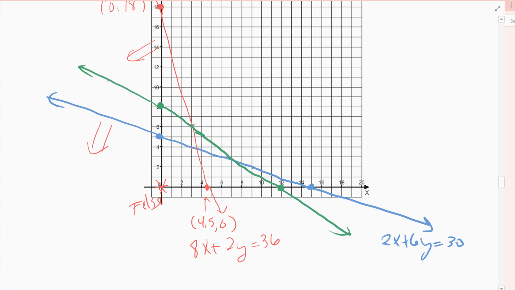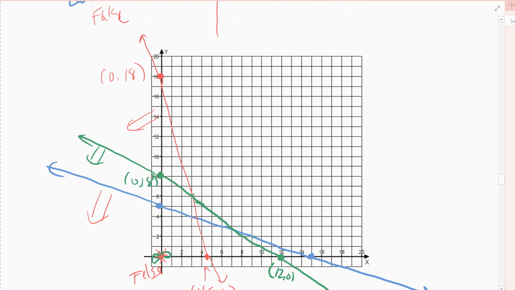So my green line, which is 2x plus 3y equals 24. And again, I'm going to shade below because 0, 0 is false for all three. And then I'm also missing some lines here, so I'm going to put those in before I start shading.